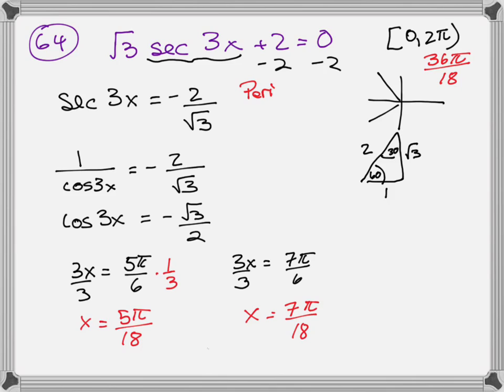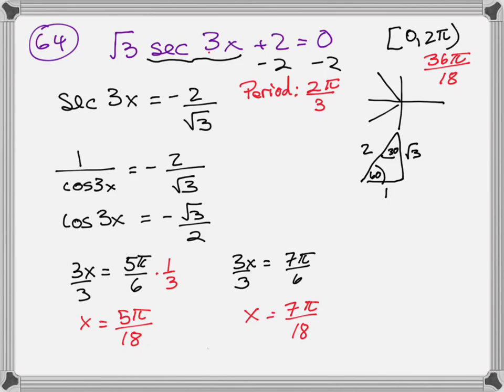The period in this case, how do we find it? 2 pi over b, and b is 3. So the period is 2 pi over 3. So what we have to do now is add 2 pi over 3 to find all the values, and we stop at 36 pi over 18.